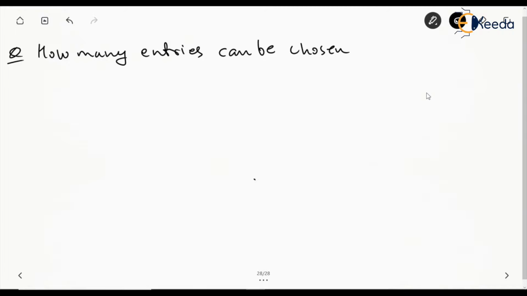It says, how many entries can be chosen independently in a symmetric matrix of order n.